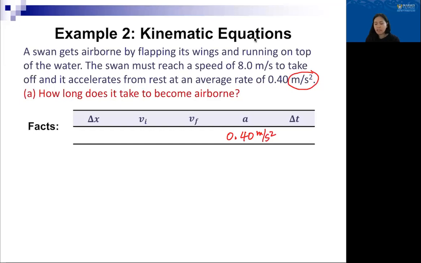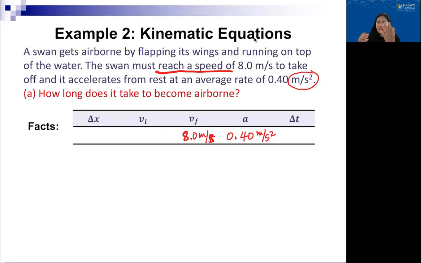What else is given in the problem? VF, yeah. The swan must reach a speed of 8 meters per second, so we can say that VF is 8.0 meters per second.